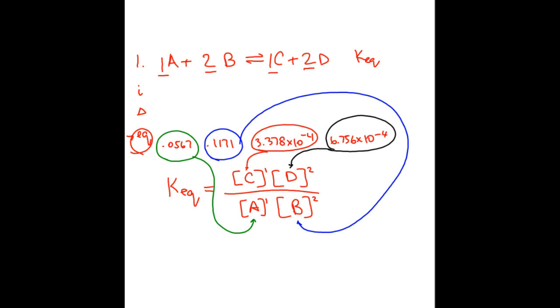Make sure to square the number for D and square the number for B. And in this case, when you work out the problem, the K equilibrium should be equal to 1.98 times 10 to the power of negative 7. So it is a super small number.